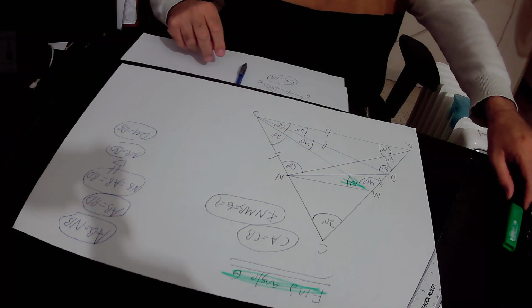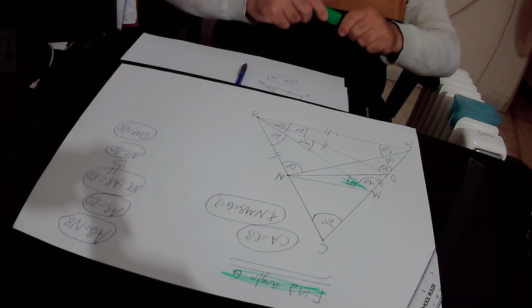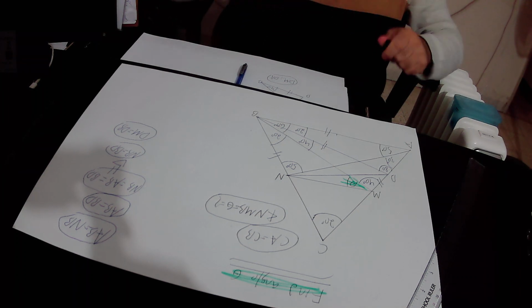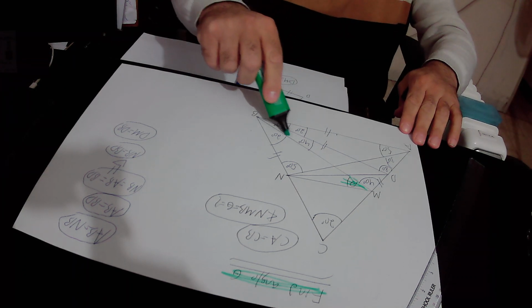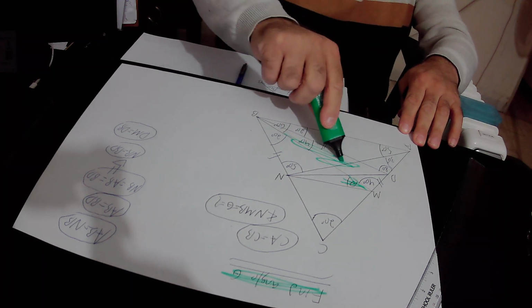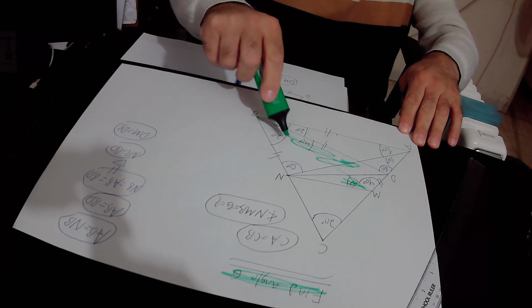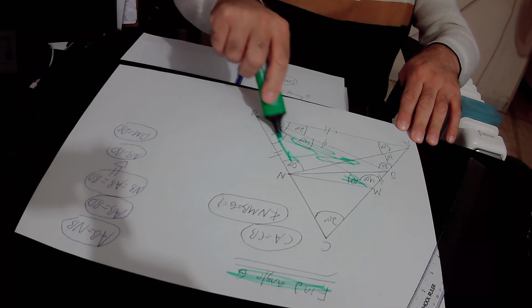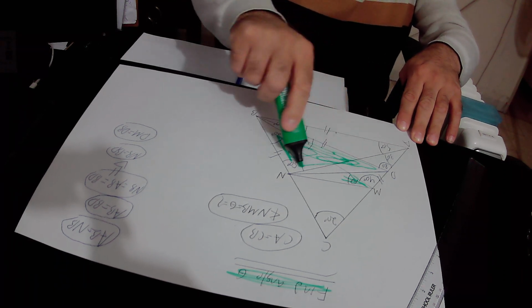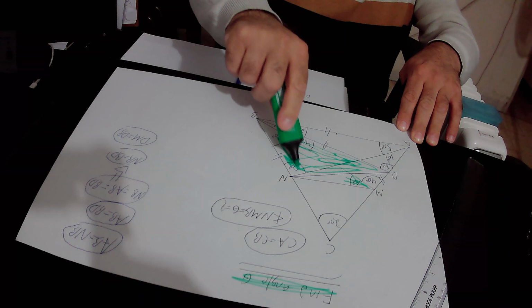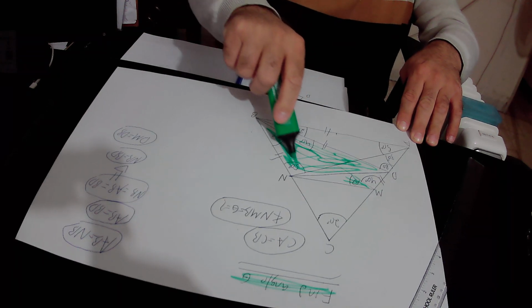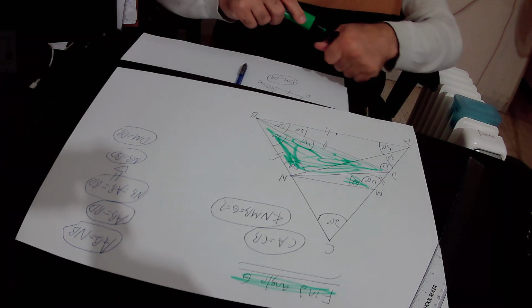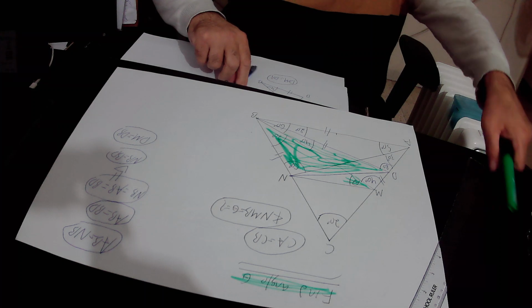And we will focus on triangle DNB. And again, we focus on the green triangle, triangle DNB. So I copy triangle DNB in a new page and we will analyze it.